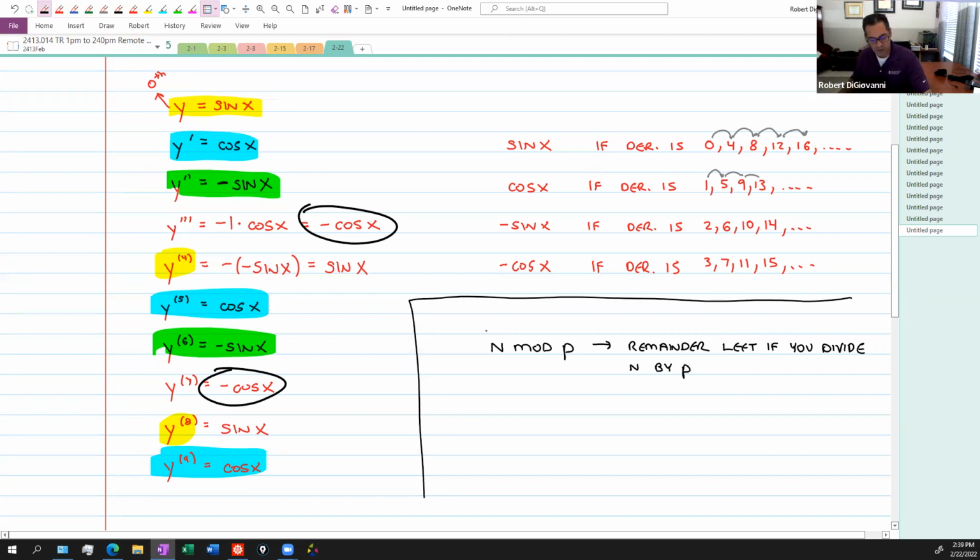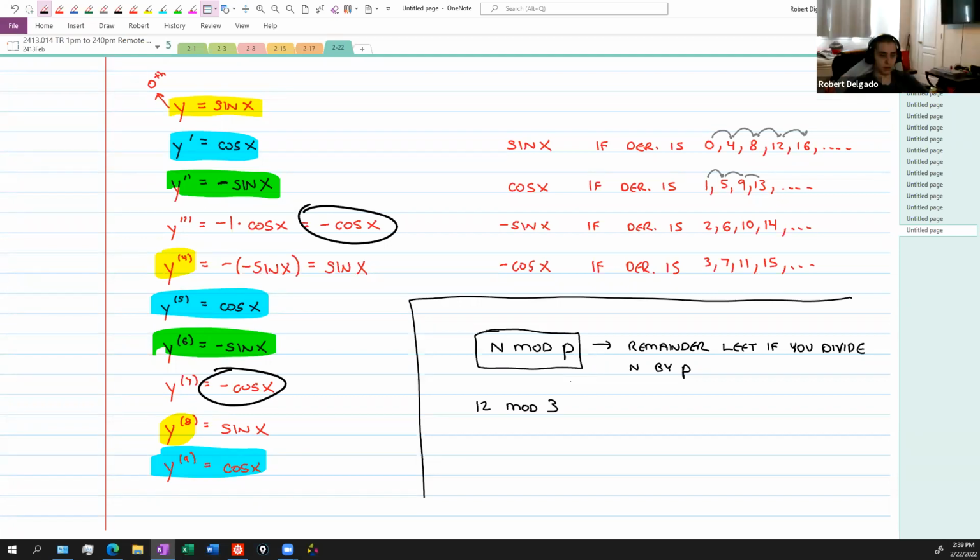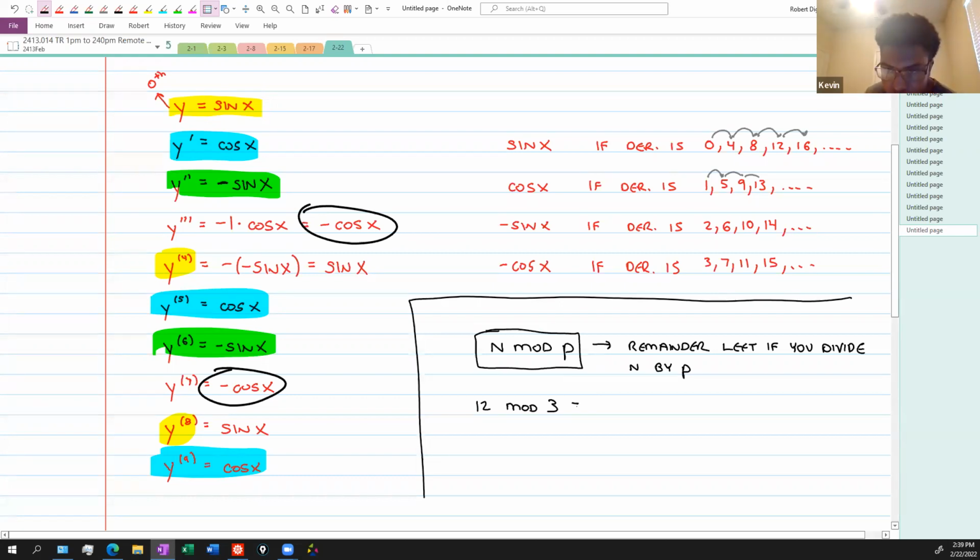Okay, so this is new notation for a lot of you. Let me show you how it works. If I write 12 mod 3, then what I do is I do 12 divided by 3. What's 12 divided by 3? 4. Is there any left over? No. Okay, so that would be 0.